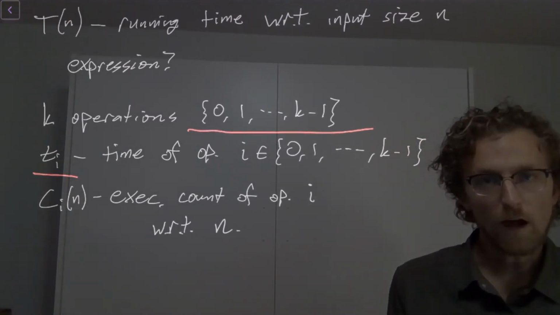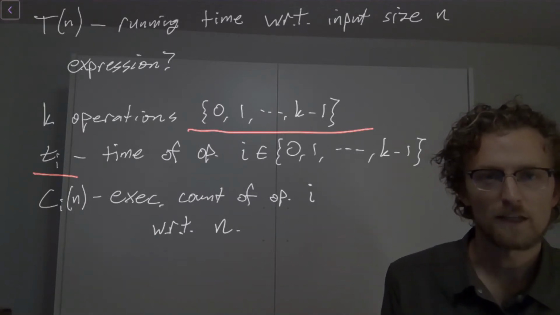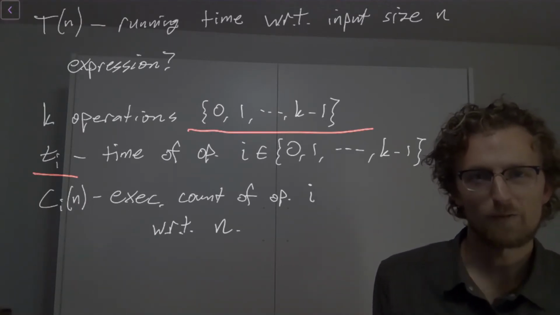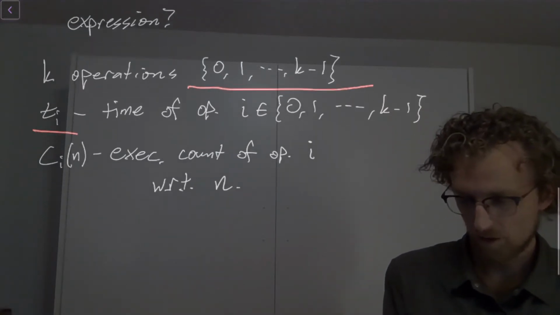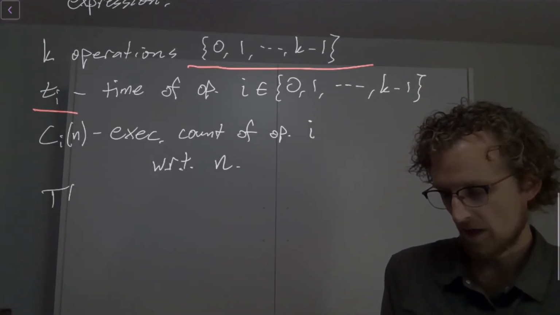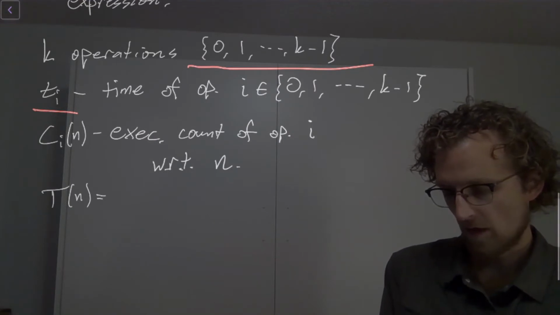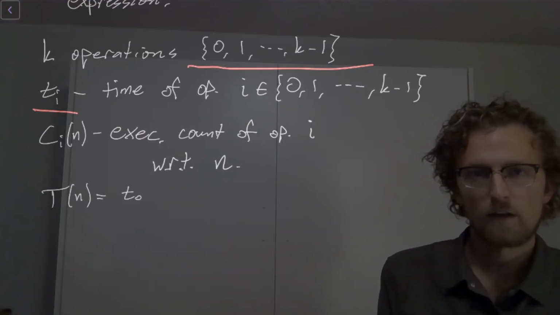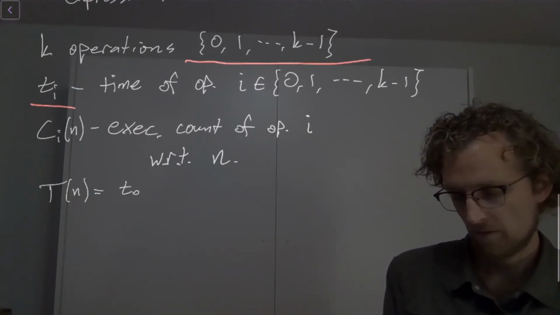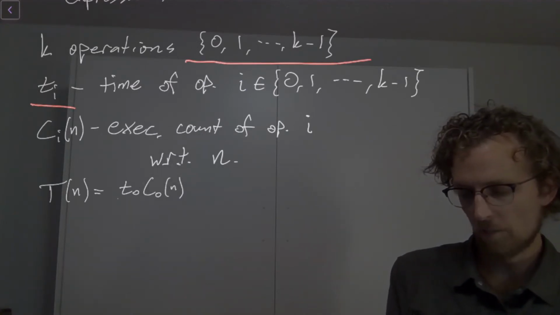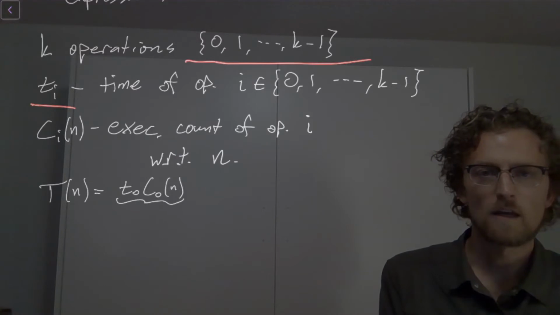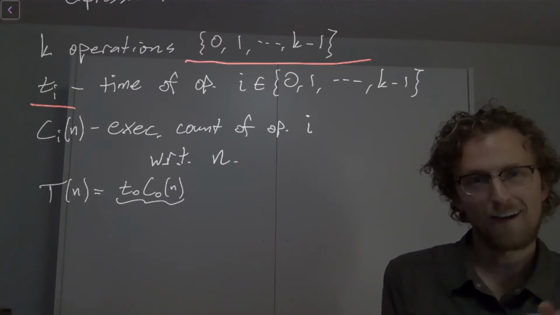So if I have all of these things, then in principle, I can write down a complete expression for t of n. So what's t of n? Well, t of n is just going to equal t0 times c0 of n, right? So this is the total amount of time the algorithm spends executing operation 0.